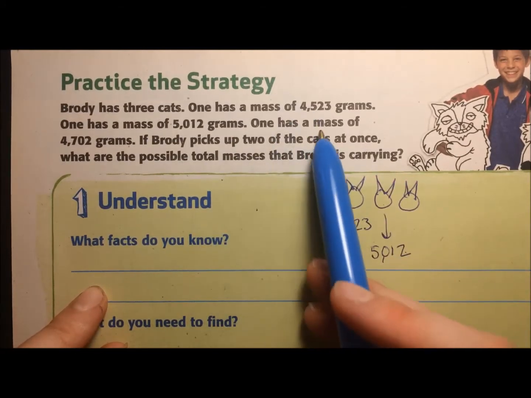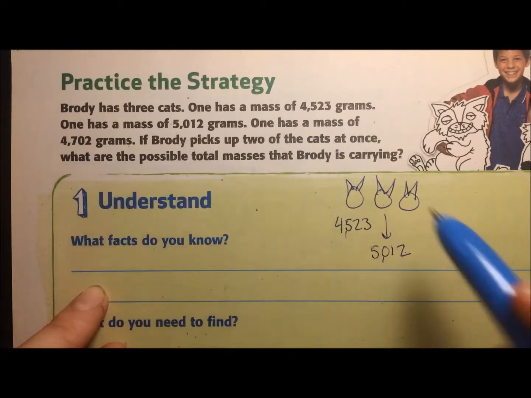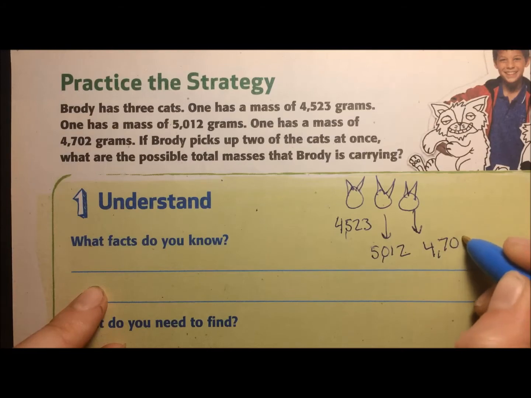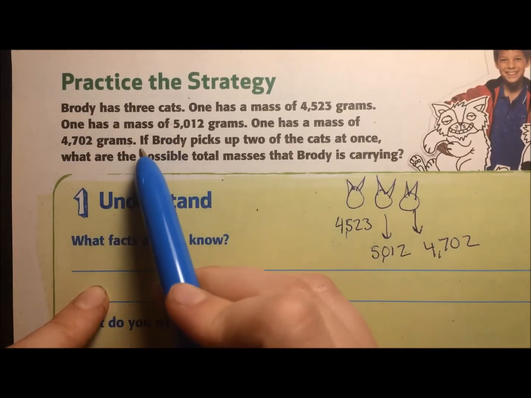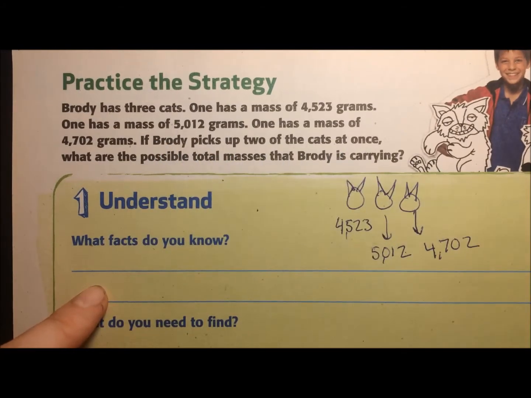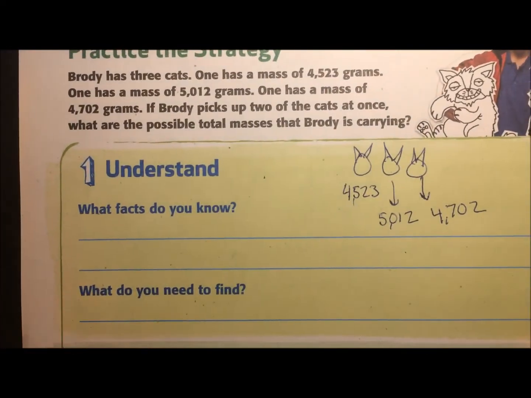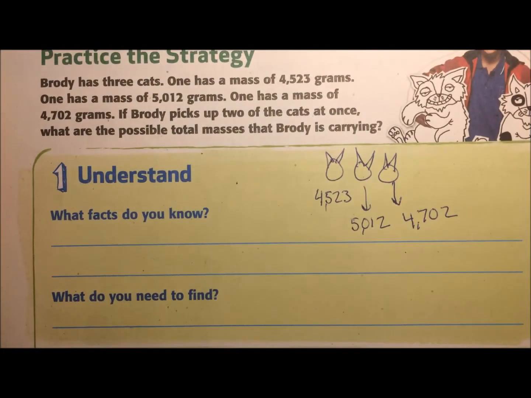And one has a mass of 4,702 grams. If Brody picks up 2 of the cats at once, just like in this picture, what are the possible combinations of total masses that Brody is carrying?